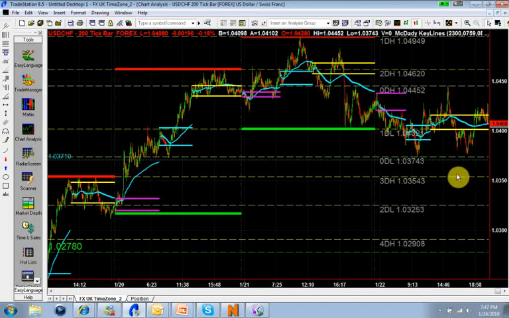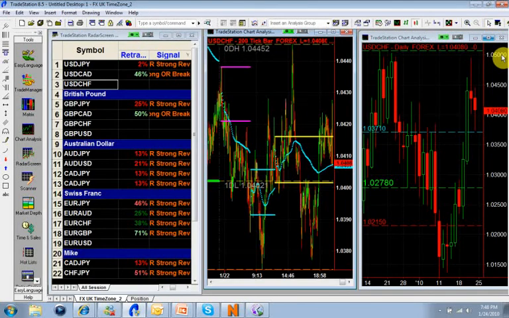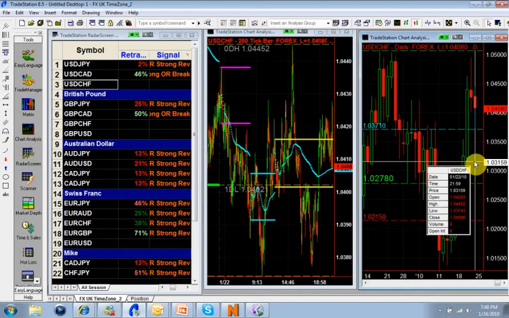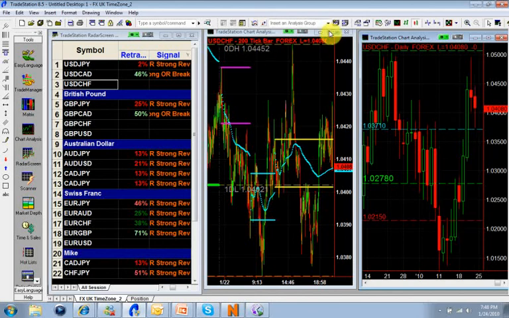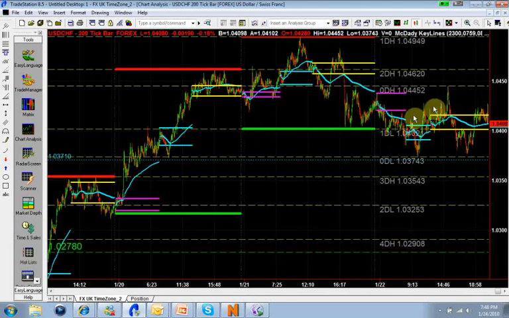And our buying point, we are going to buy above, so let's see on the daily chart. 104.45. Okay, so we want to make sure that we take the buy above the 104.45.